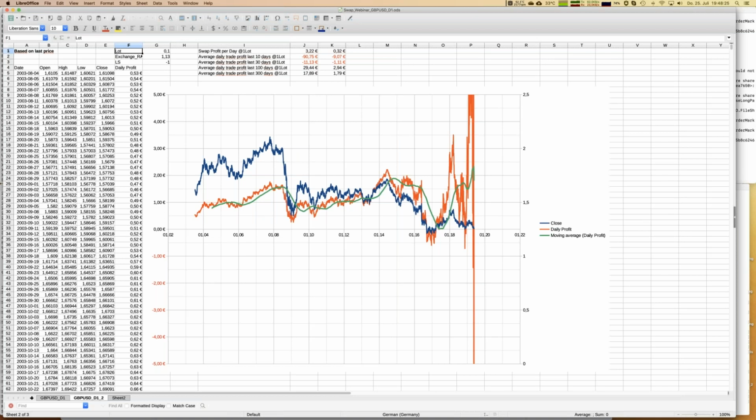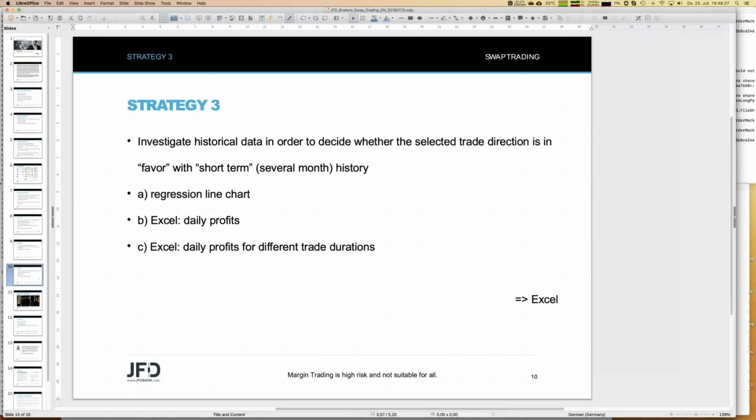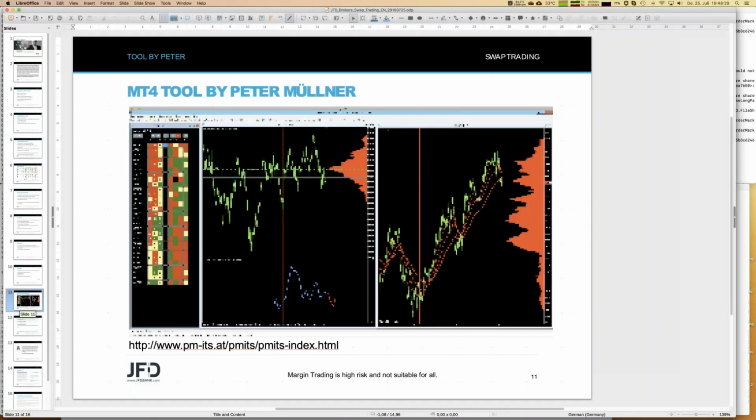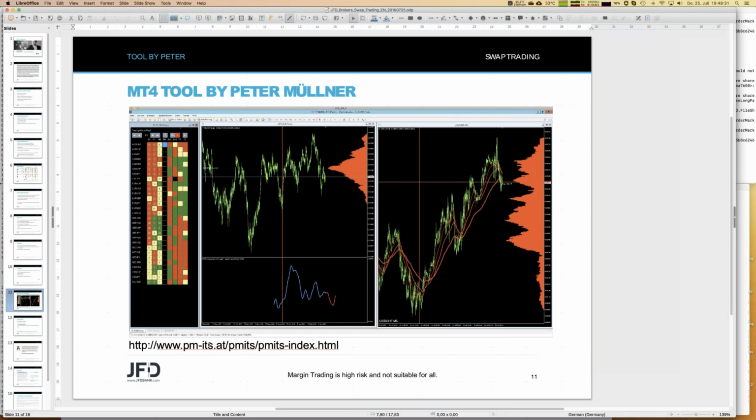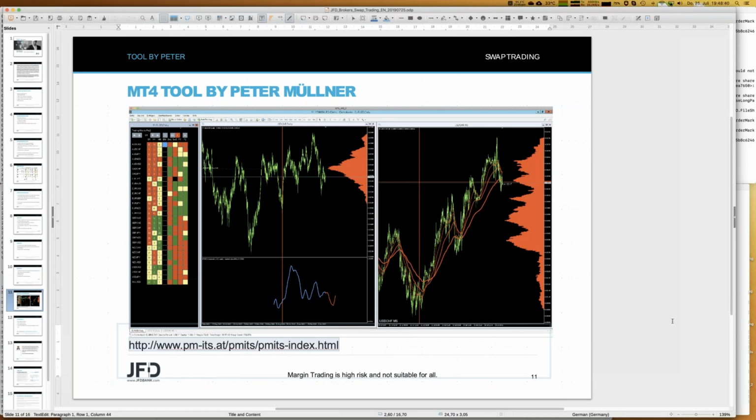And as I mentioned, that tool is not for free. It costs money, and you will find everything on Peter's homepage. But I want to share at least with you what's possible with that kind of tool, because it's a really interesting tool.